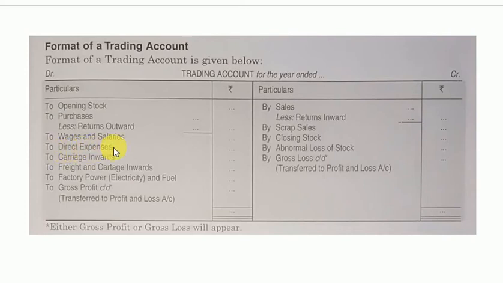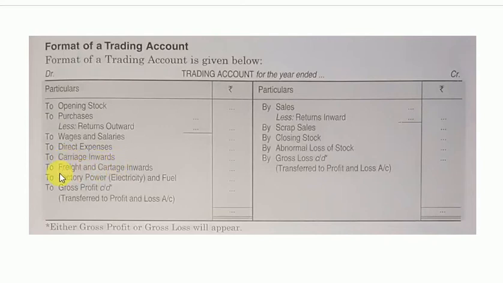And now proceed towards the other expenses, that is direct expenses. Whatever direct expenses there are will be recorded in a trading account. I repeat, all direct expenses or all direct incomes will be recorded in a trading account, and no indirect expenses or indirect incomes will be recorded in a trading account. So listen carefully, only direct expenses or incomes will be recorded in a trading account. And now proceed towards carriage inward.